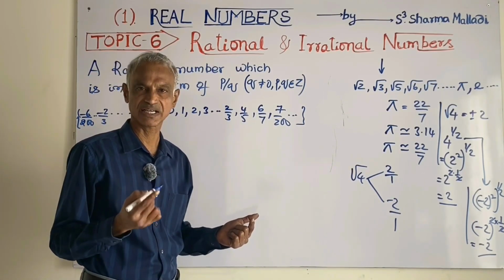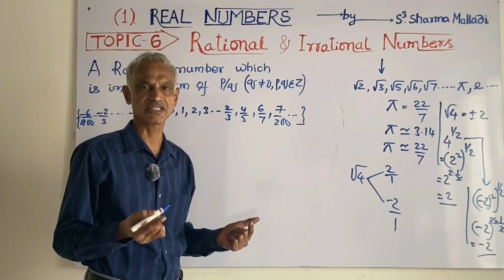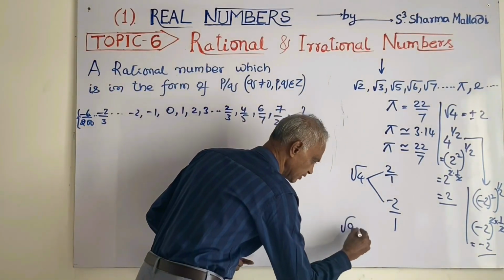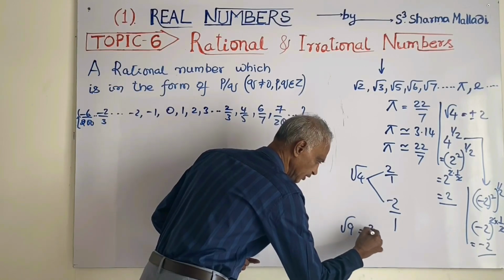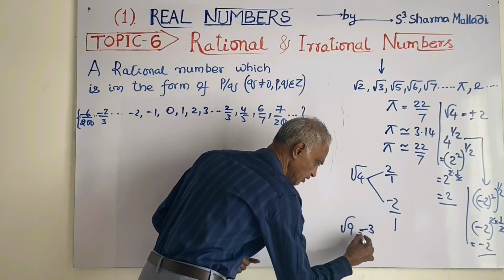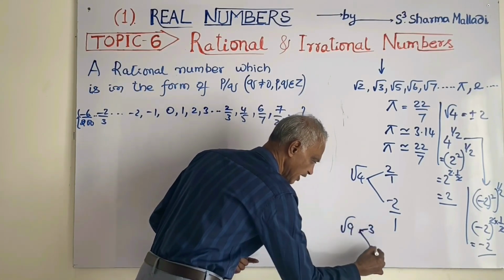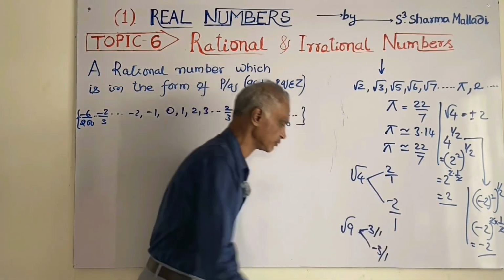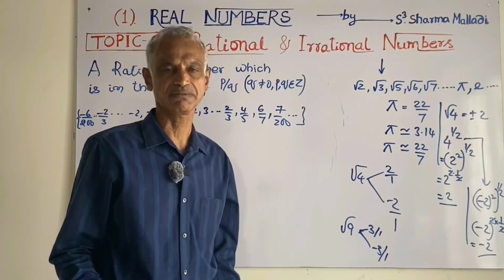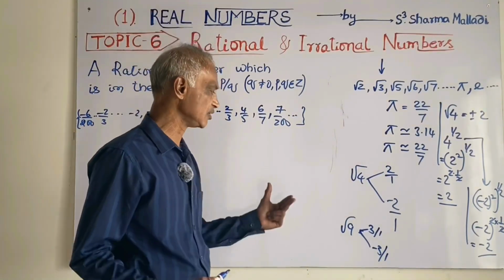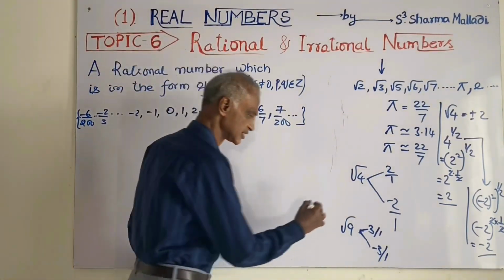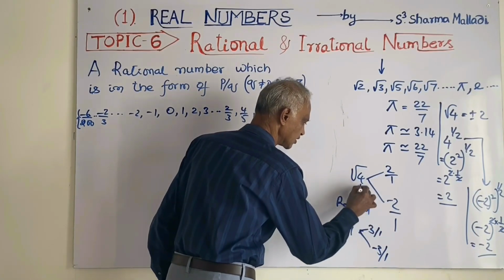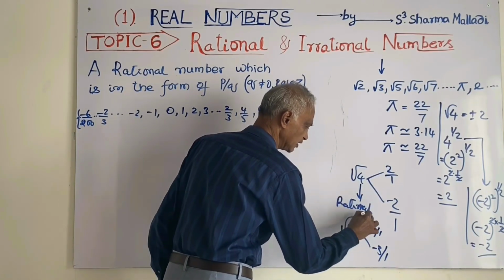Root 7, irrational. Root 8, irrational. Root 9 can be written as 3, and the value of root 9 is 3 and minus 3, written as 3 by 1 and minus 3 by 1. That's why the value of root 9 is a rational number. Both are rational.